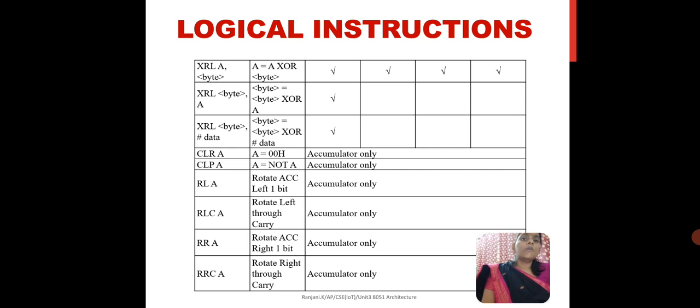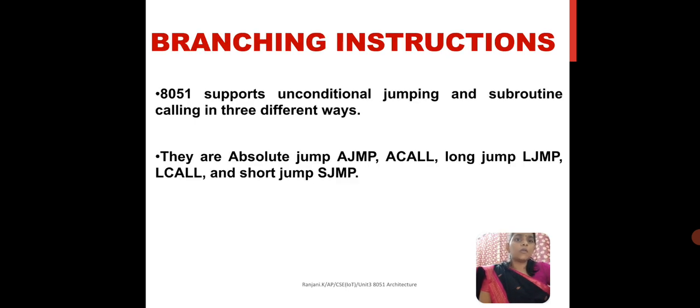RR rotates the accumulator to the right, whereas RRC rotates the accumulator right through carry. One more instruction is SWAP, that is swapping the nibbles of the accumulator.